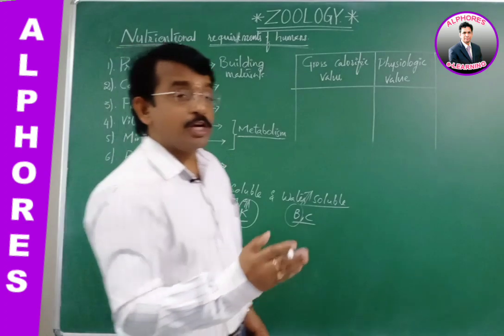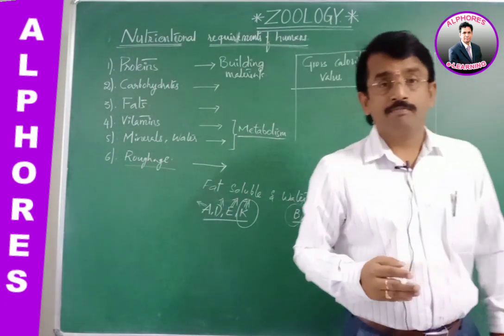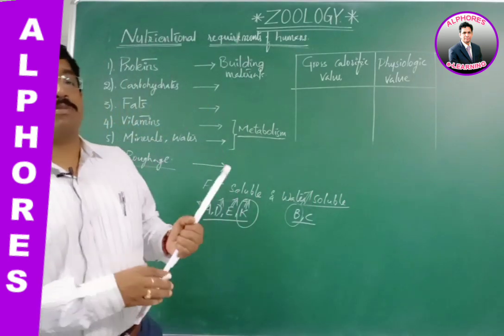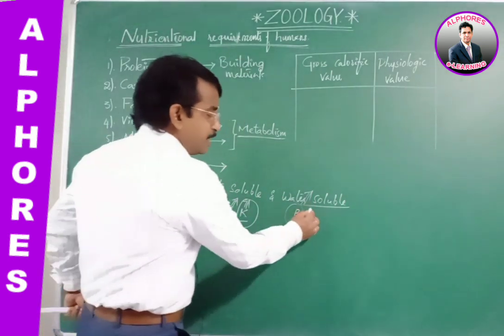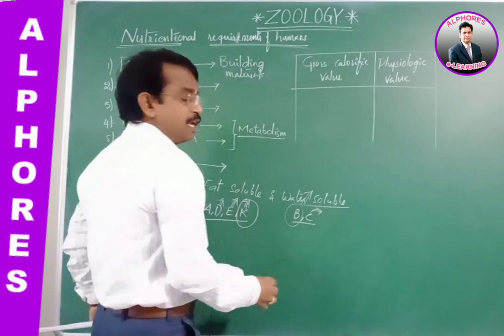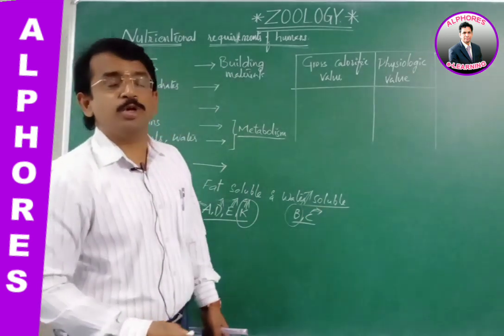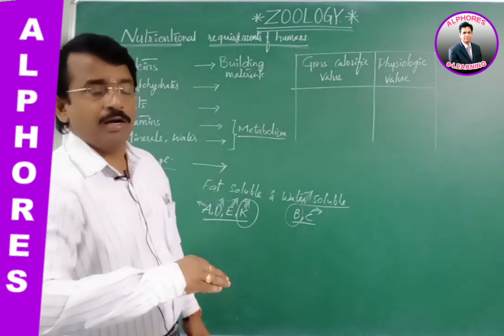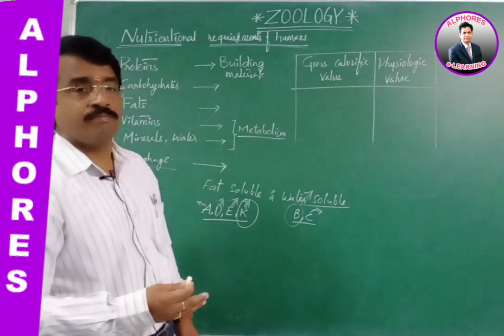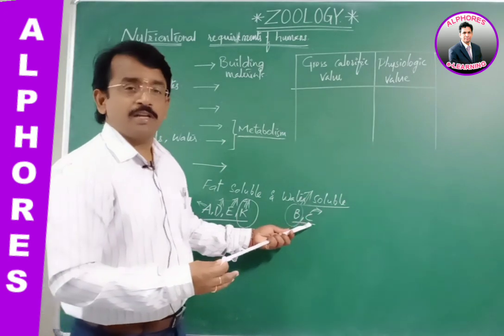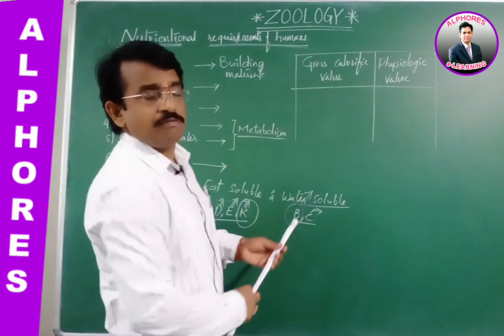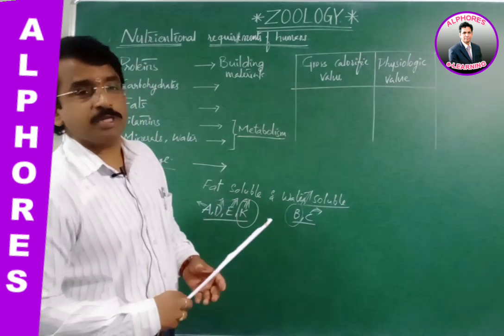Pyridoxine, B6, is synthesized in our body itself. Vitamin C, ascorbic acid, is the vitamin responsible for immunity and for repair and cure. These are the nutritional requirements of our body in terms of the vitamins.